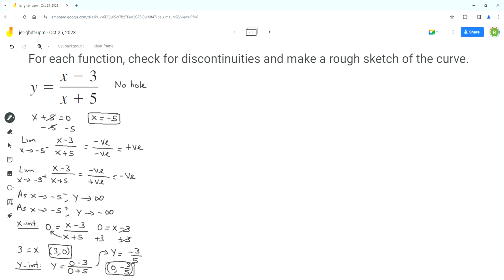Now we will check for critical points in this function. Critical points are points at which the derivative of the function is either equal to 0 or undefined. The given function is a rational function, so we can use the quotient rule to find its derivative.